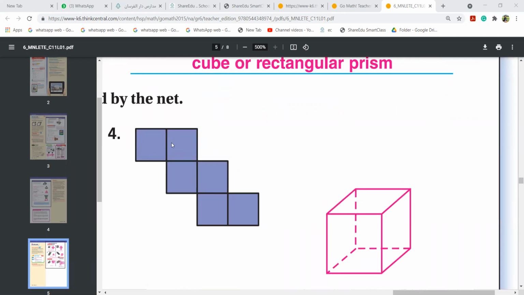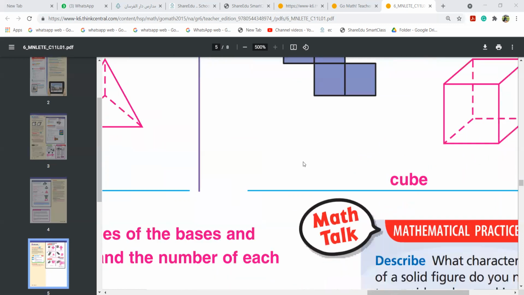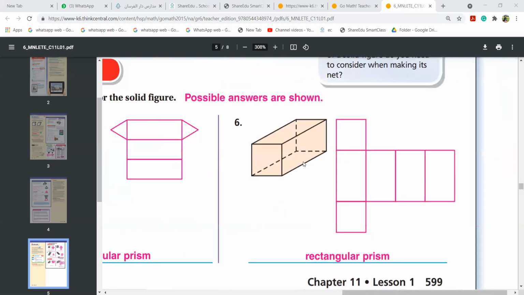With this, I can make a cube, like a dice. Fold this from here, fold this from here, and fold again, and then you can make a cube like this. That's what they're showing. Only thing is you need to know the name now. This is a cube, simple cube. You don't call it a prism also.